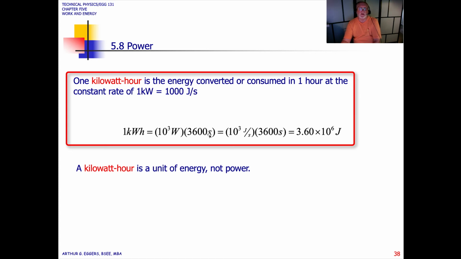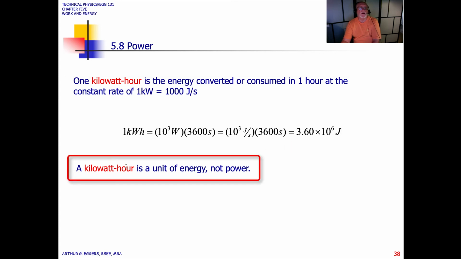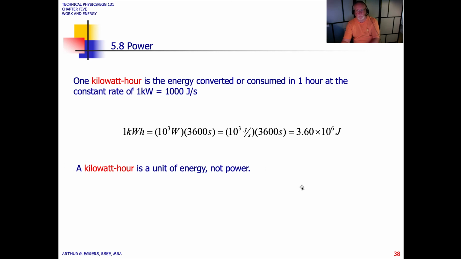We break it all the way down to seconds because that's our SI unit. So 10 to the third joules per second times 3,600 seconds gives us 3.6 times 10 to the 6th joules. Keep in mind, a kilowatt hour is a unit of energy, not power. The power is a watt.